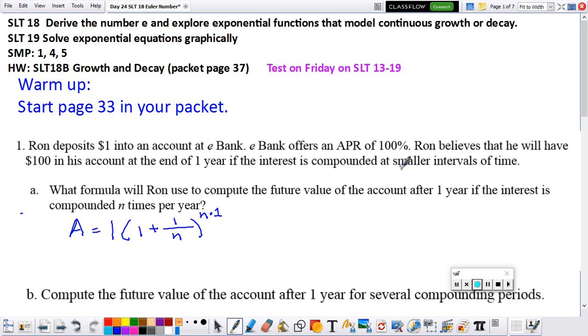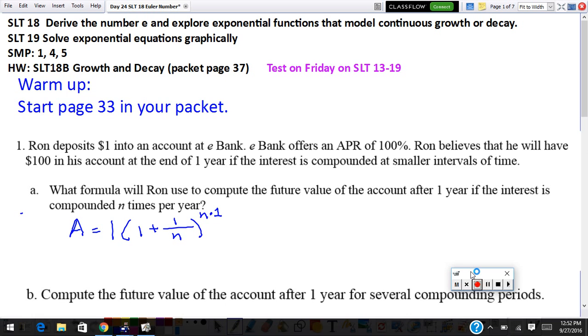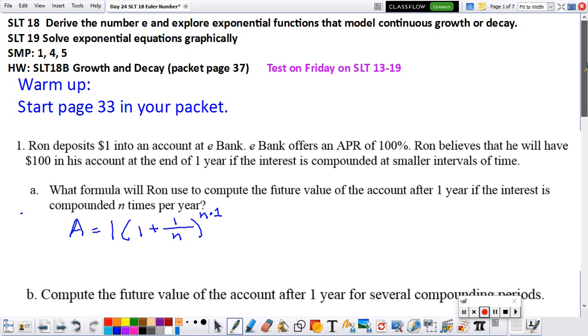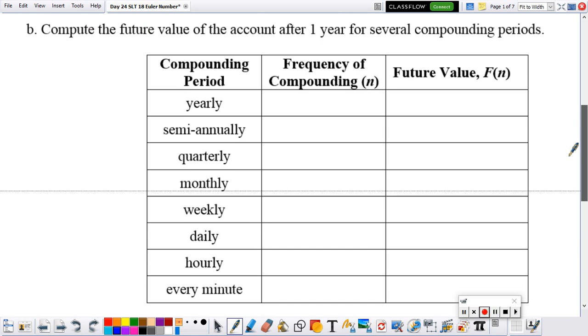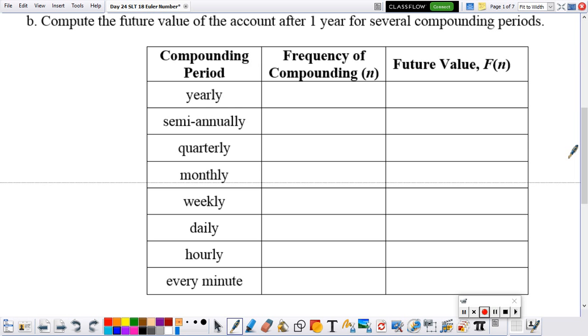Part B says, compute the future value of the account after 1 year for several compounding periods. Let's see what we got. So we've got yearly, semi-annually, quarterly, monthly, weekly, daily, hourly, and every minute. So here we go. First off, yearly is going to be just once. Semi-annually will be twice, quarterly 4, monthly 12.